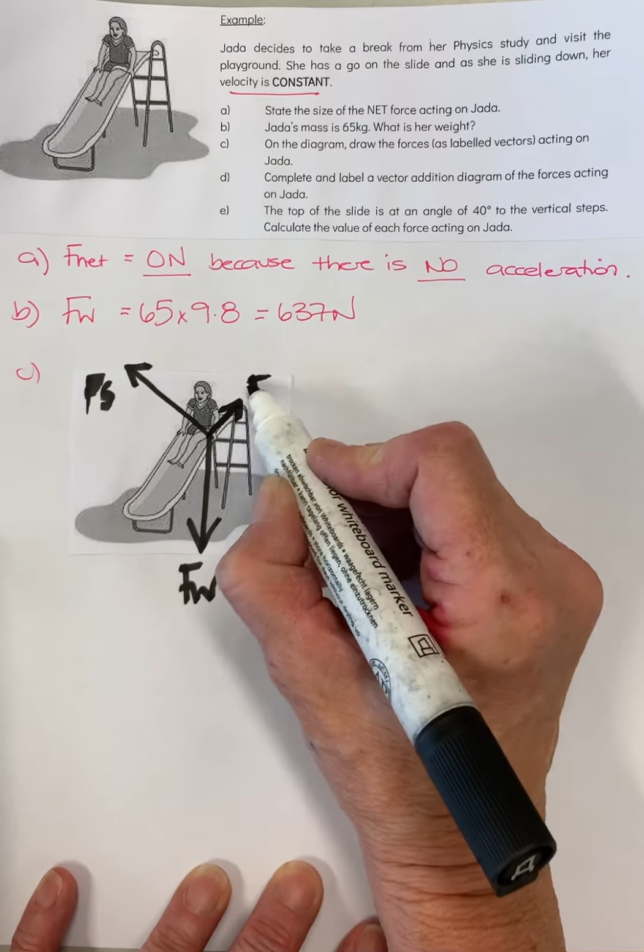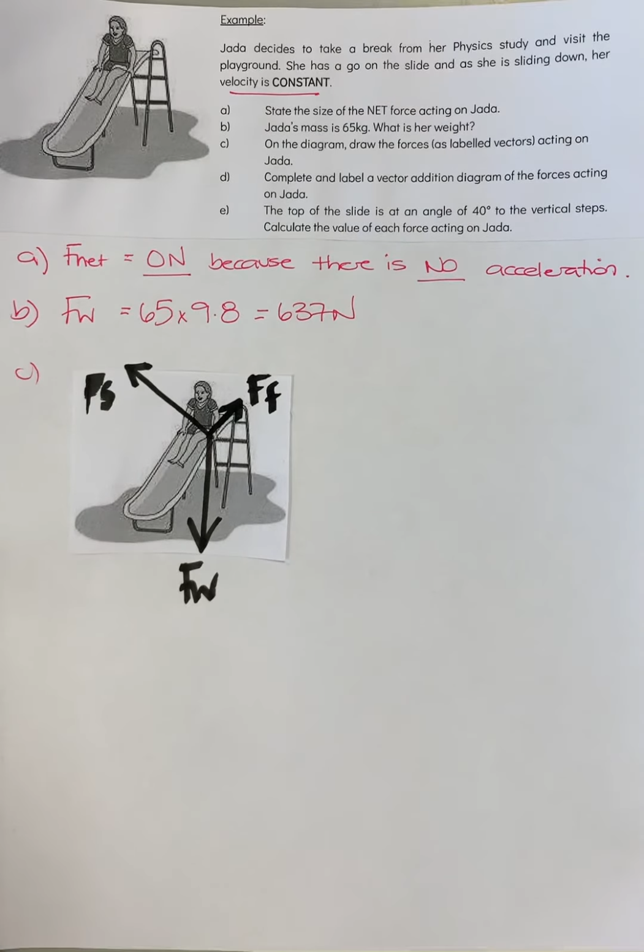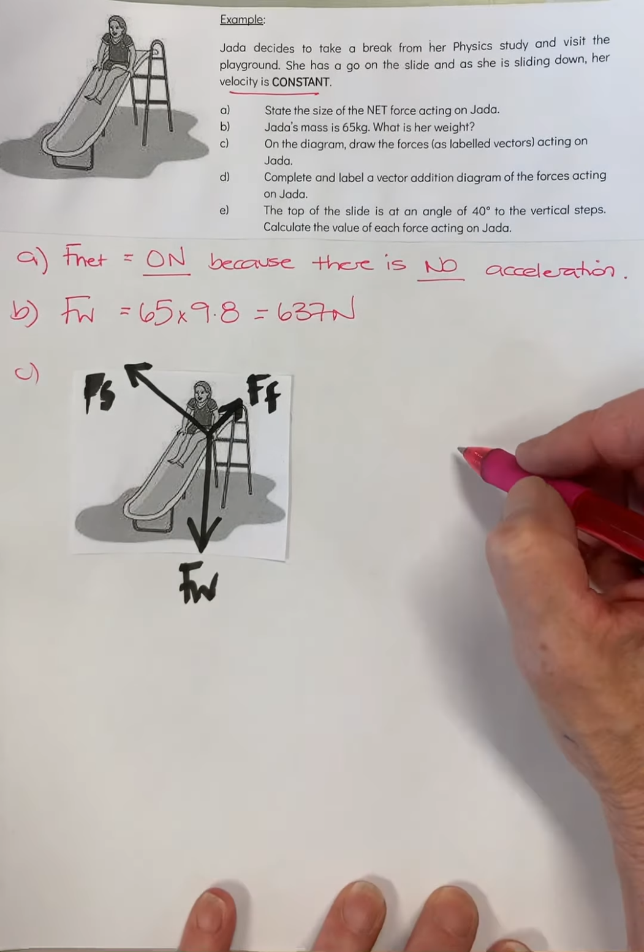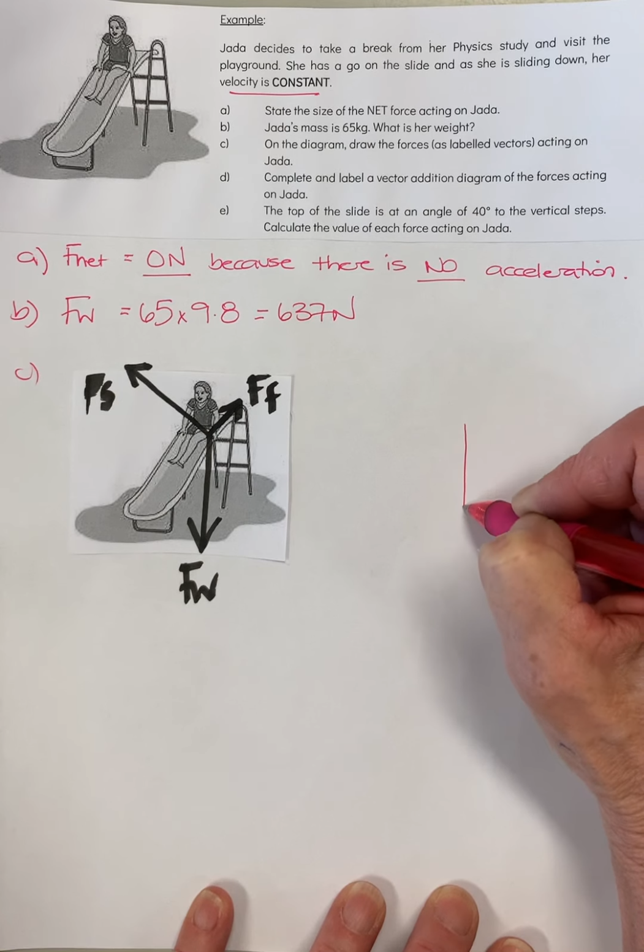So we've got F there. Okay, so they are the 3 forces which are acting on Jada, and I'm going to draw that separately next door so that it becomes clear.